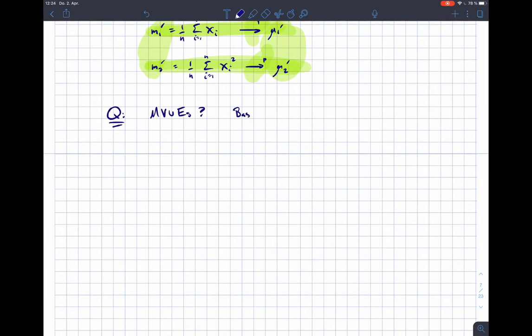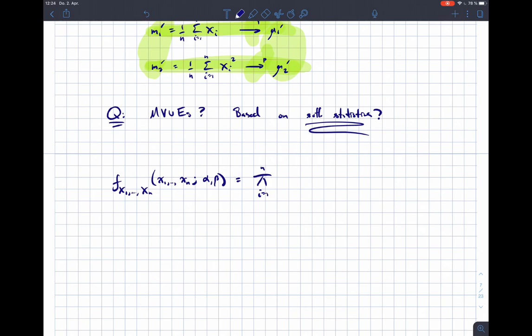So we should ask, are they based on sufficient statistics? Let's see if they are. In order to find sufficient statistics, I've got to write down the joint PDF of the random variables in the sample, which is going to be the product of these densities.